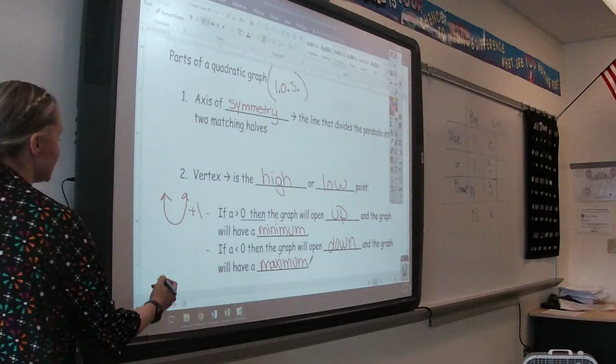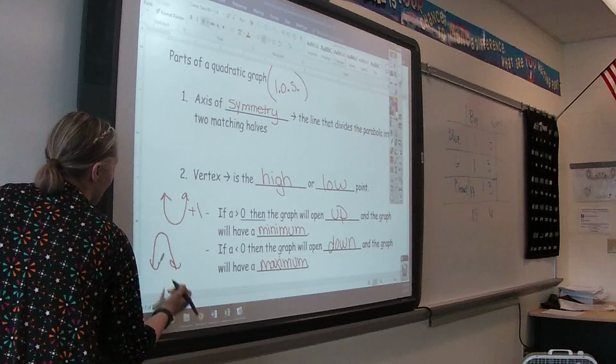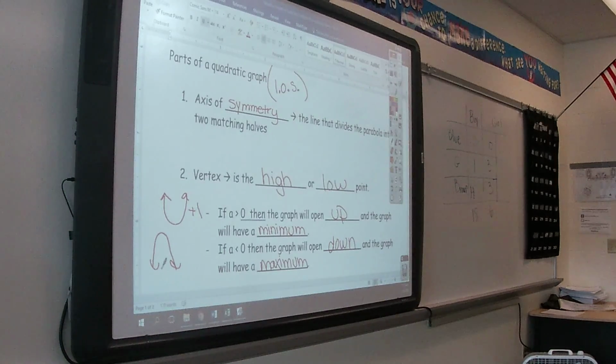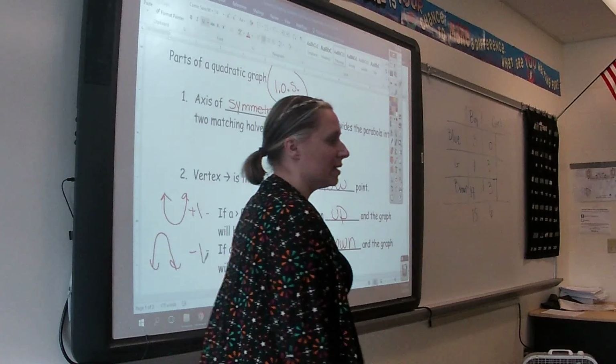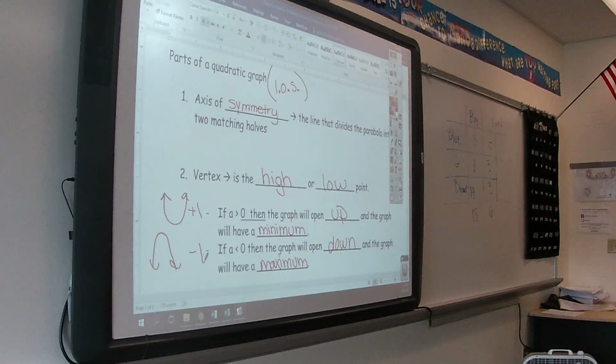So down has an N, the parabola opens the same direction as an N. What kind of numbers are less than 0? Negatives. So this is talking about negative numbers. And the only negative number that we're going to look at today is negative 1. That doesn't mean that A can't be other values, but for today, we're only looking at positive 1 and negative 1 for A.